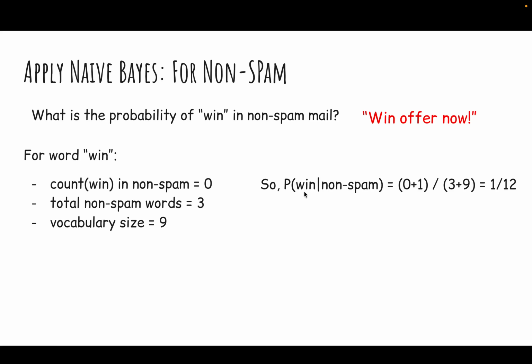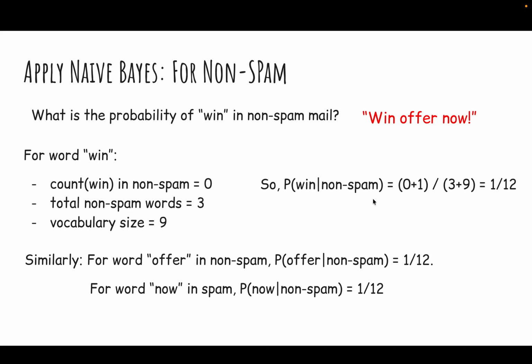Then the probability of win in a non-spam mail is 0 plus 1 divided by 12, which is equal to 1 by 12. Similarly, we do the same for offer and now. So the probability of offer given the mail is non-spam is 1 by 12, and the probability of now given the mail is non-spam is also 1 by 12.